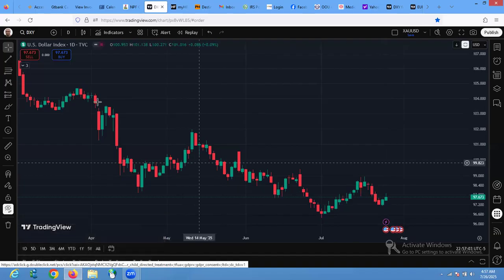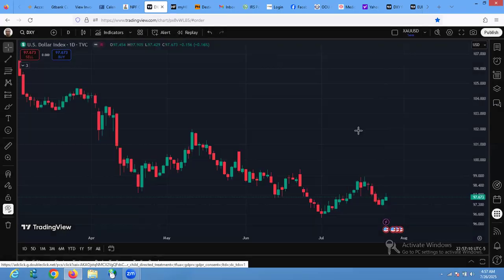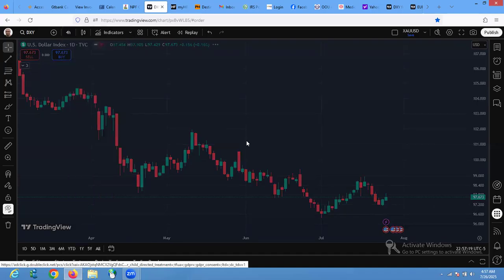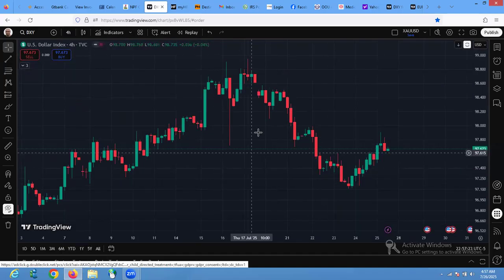Now, going to the 4-hour time frame on the DXY. So we believe that we are going to the downside now. On the 4-hour time frame, we can now begin to see what exactly is printing.